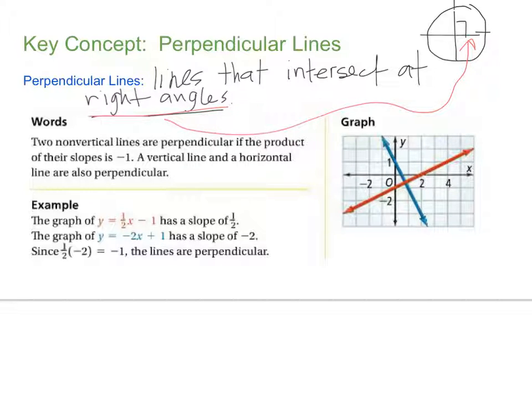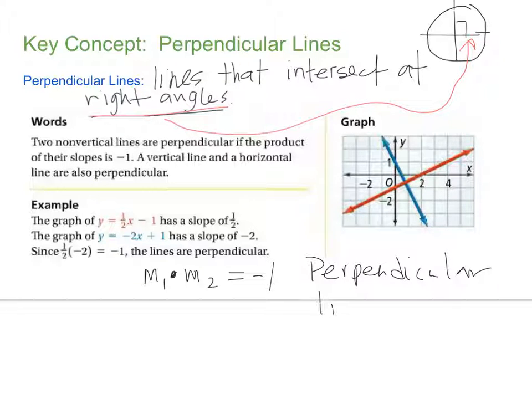So another way of saying that is two slopes are perpendicular if when you multiply one of the slopes times the other slope, the first times the second, you get negative 1. And that determines that you have perpendicular lines.